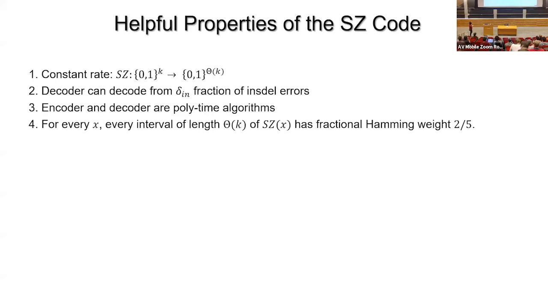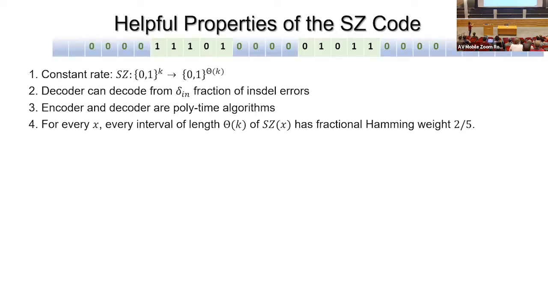Some properties of the SZ code are helpful here. It's useful to have a polytime decoder algorithm, because it takes only polylog m time to decode a block, and that's in our query regime.